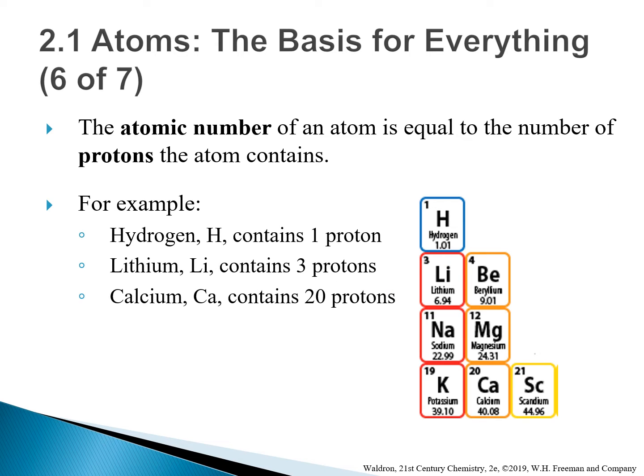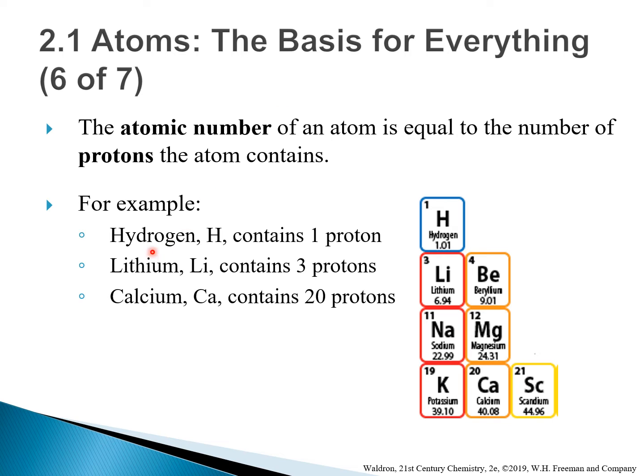From the inside cover of your textbook, you will find a periodic table. In each of the cells, it is an element. You're going to see a whole number usually listed on the very top of each of these elements. They are called atomic numbers. The atomic number of an atom is equal to the number of protons the atom contains.